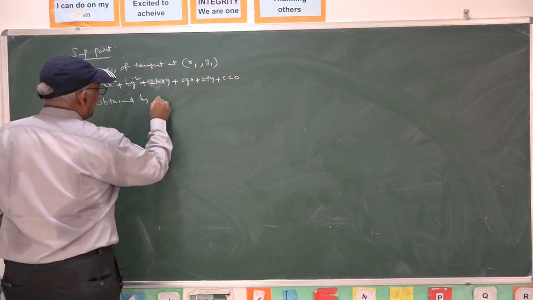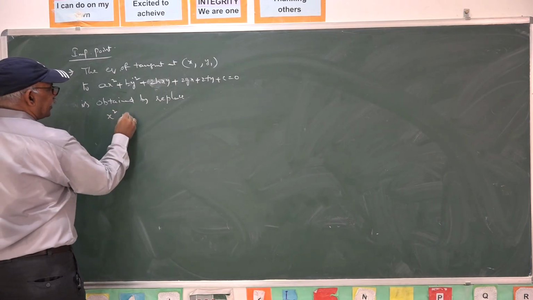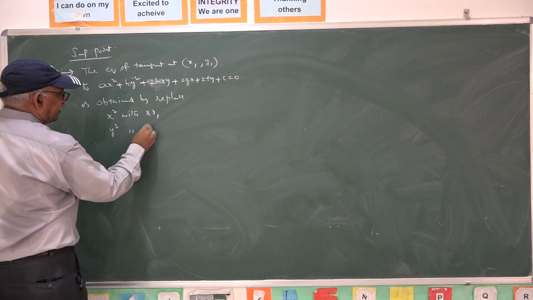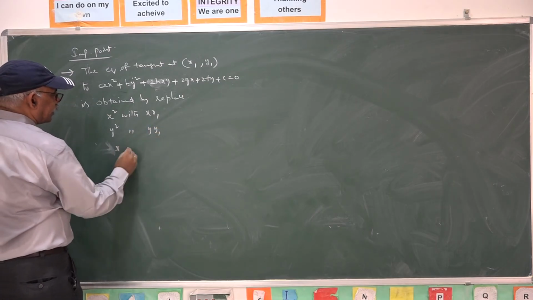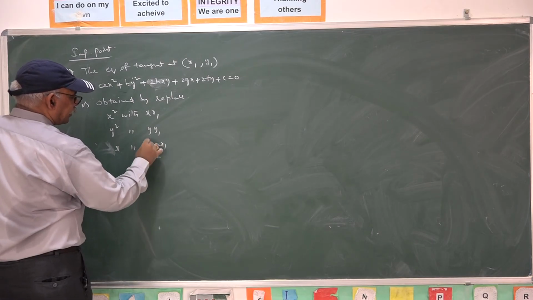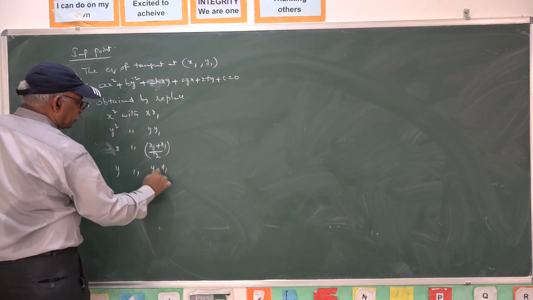by replacing x square with x x1, y square with y y1, 2x with x plus x1, that is x by x plus x1 by 2, and y with y plus y1 by 2.